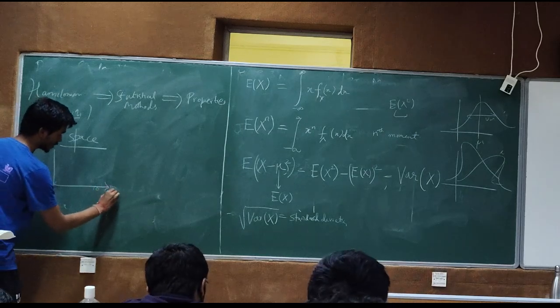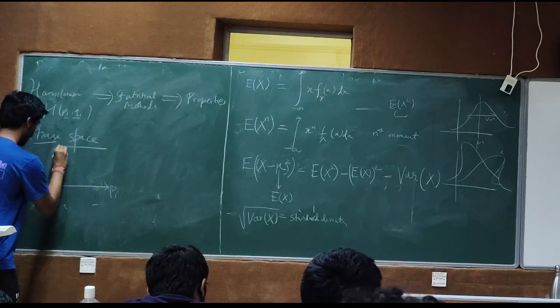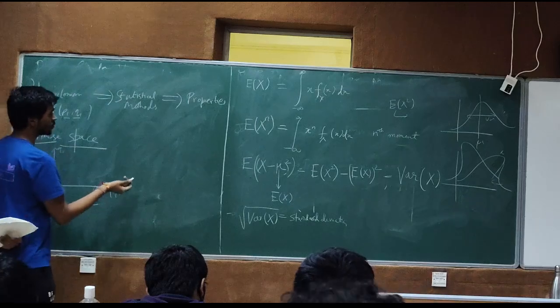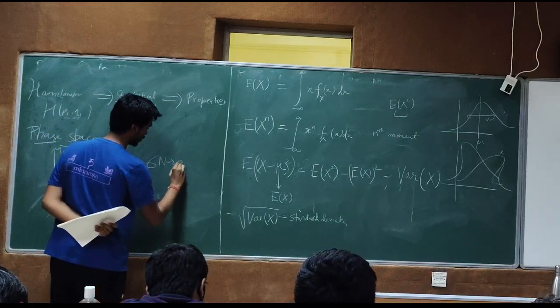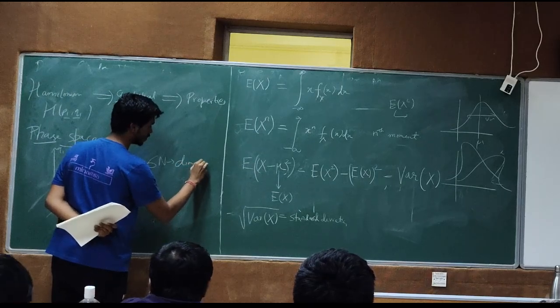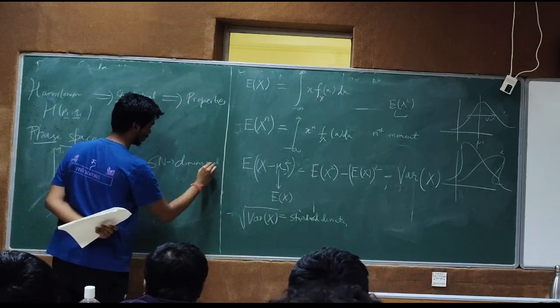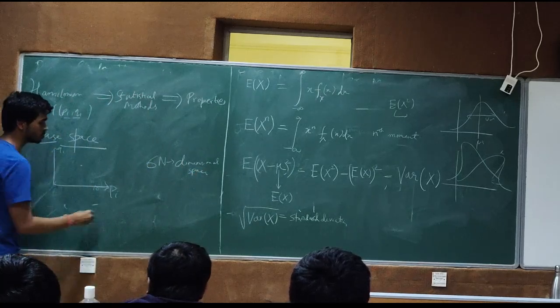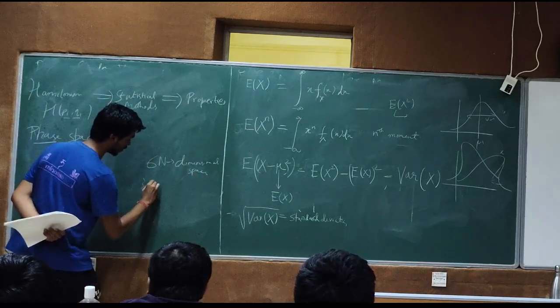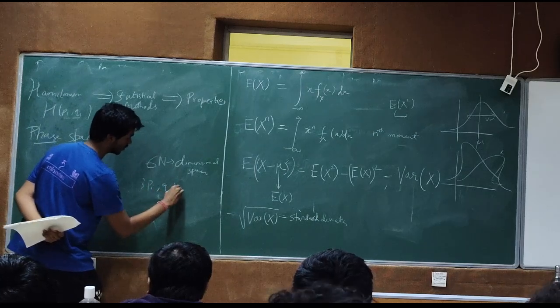So you can say Pi and Qi. If you have an ideal gas, for example, you will have a 6N dimensional space. And each point in the phase space corresponds to one set of Pi and Qi.